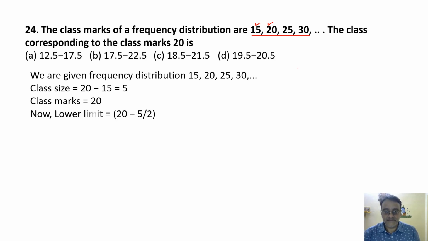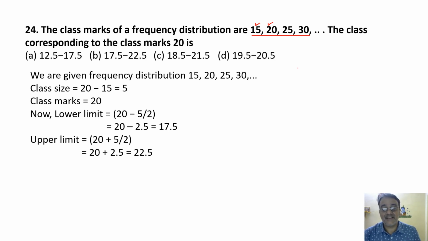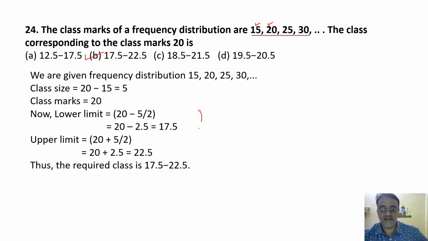That is 2.5. So 20 minus 2.5 is 17.5. And for the upper limit, we have to add the same value, 2.5. So 22.5 we are getting. So the correct answer is 17.5 to 22.5. That is the option B. Right. This answer is clear to all of you? Yes, sir.